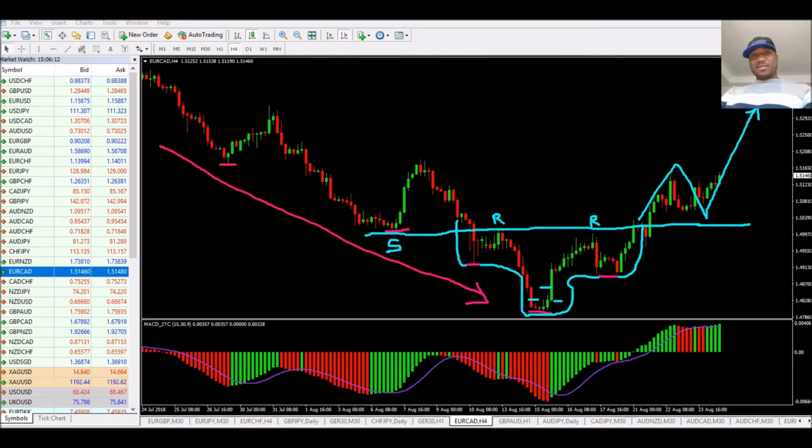For instance, if here is 100 pips, then from the shoulder you check 100 pips to the upside, and you take your profit level 100 pips from this point to this point, somewhere around here.